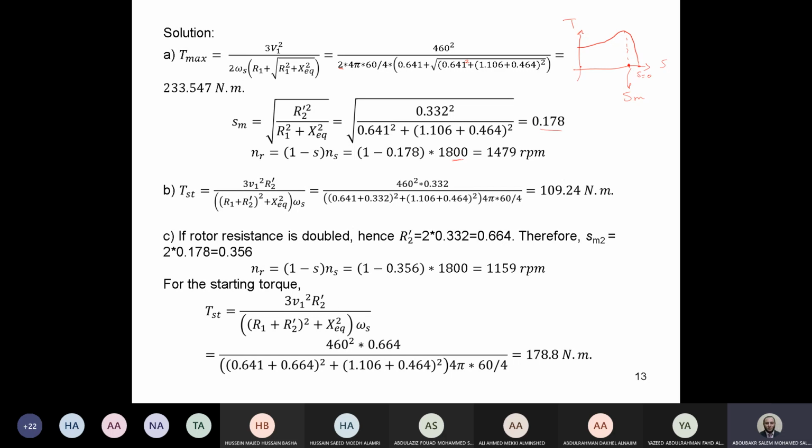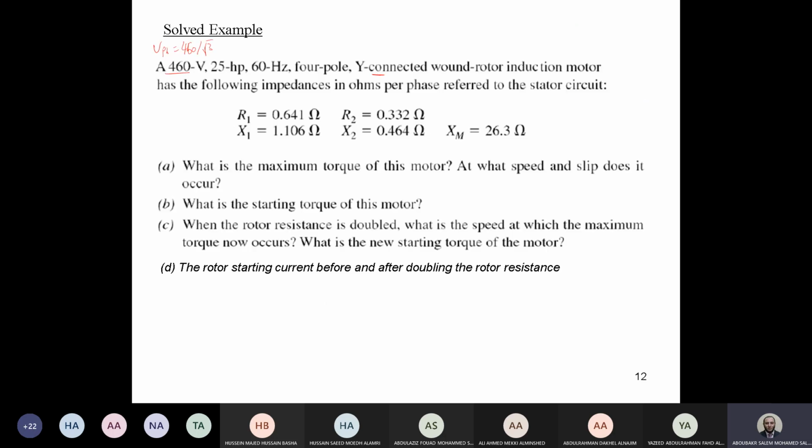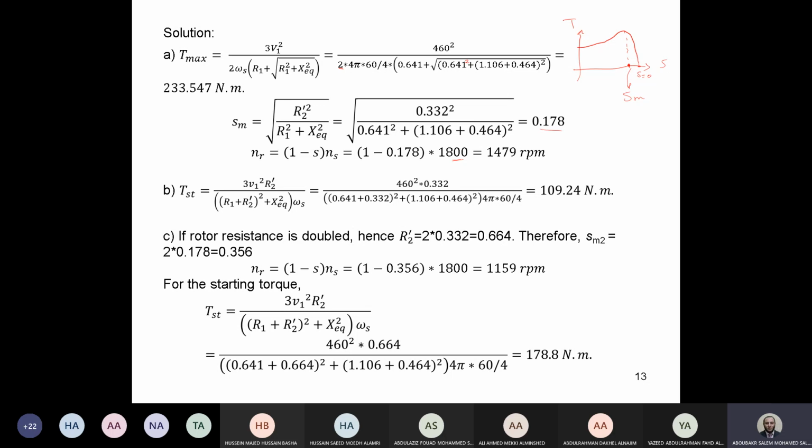Second, it's required to calculate the starting torque of this motor. Starting torque can be calculated from the equation of torque at S equals 1. If we substitute S equals 1, the relation will be 3 V phase square R2 prime over R1 plus R2 prime square plus X equivalent square, multiplied by omega s.